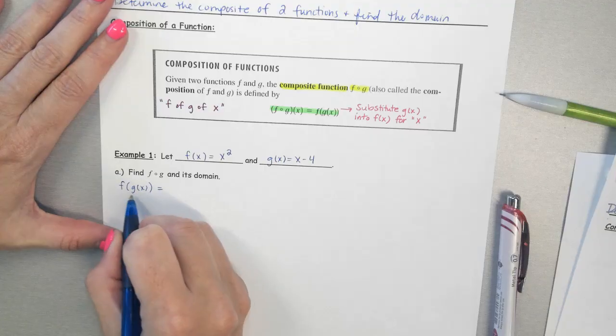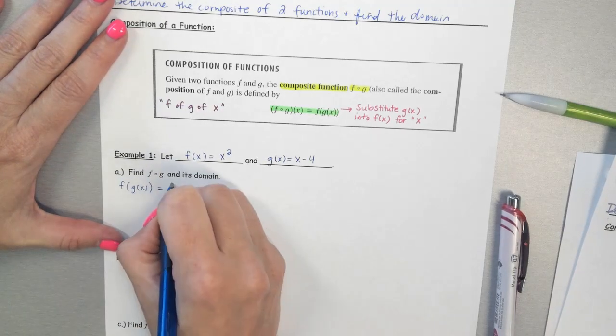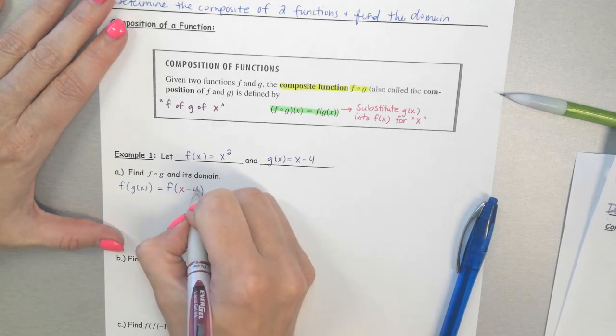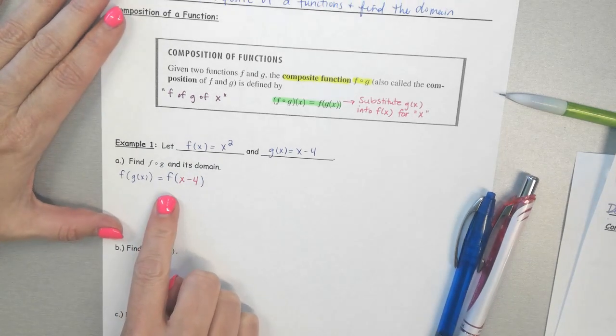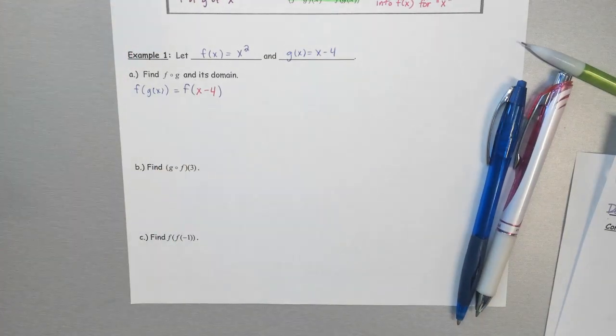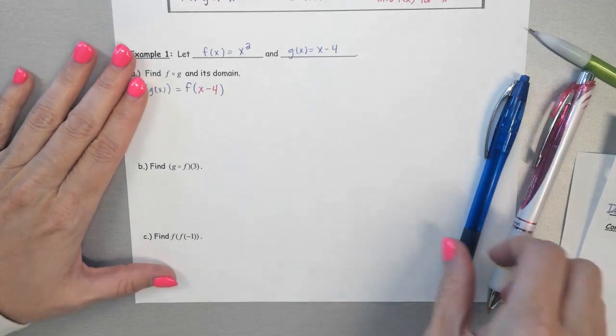Because if you substitute in your g of x, it's f of, and then g of x is x minus 4. Yesterday we were finding values like f of a, right? Or in the past we've done f of a plus h. So we have inserted expressions into other expressions before.